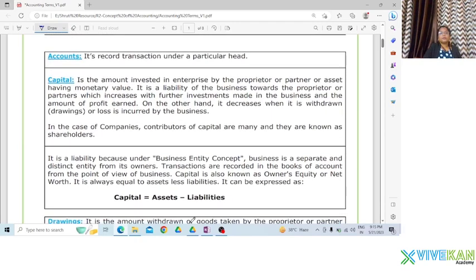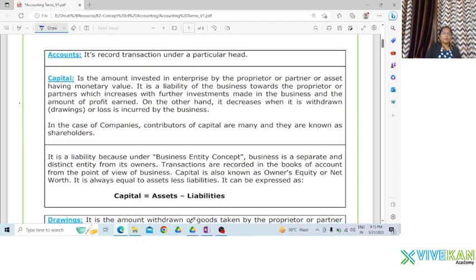Next, we'll be understanding what accounts are. The first definition we are understanding is accounts. Accounts is a record of a transaction when you record it. You always have a head of accounts.